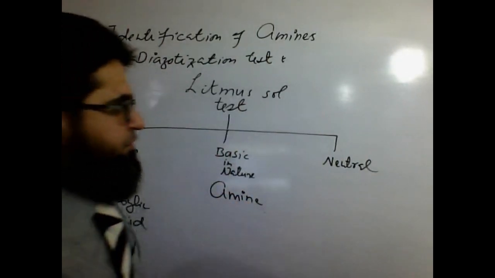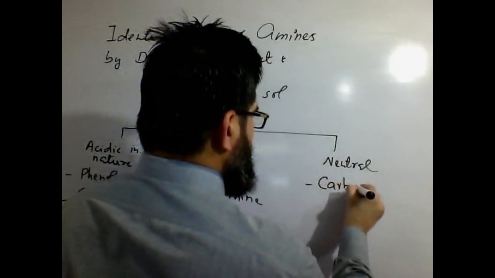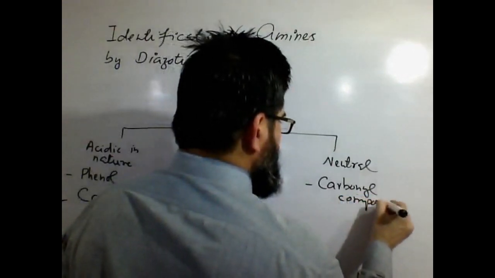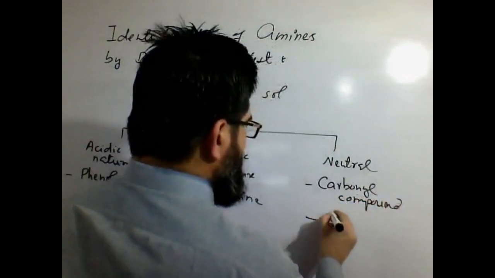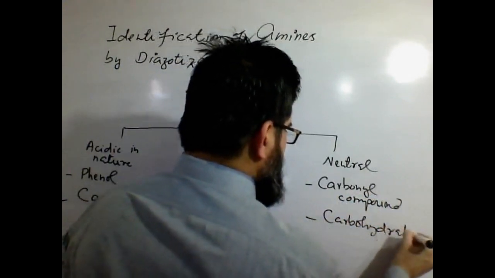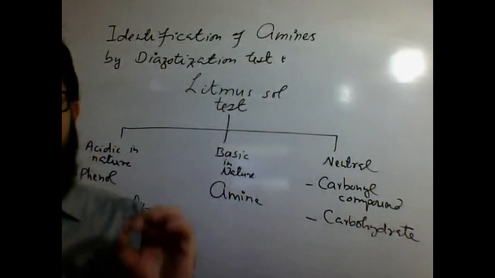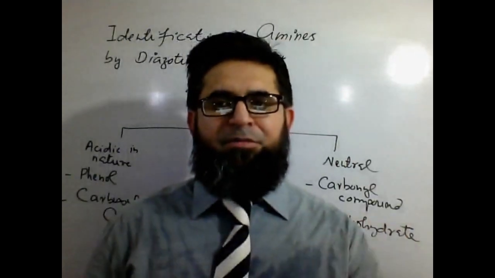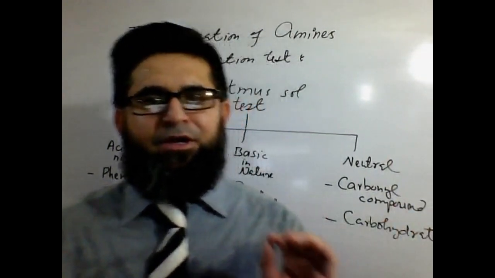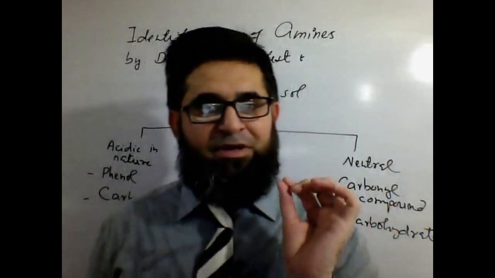In case of neutrals, the given compound could be a carbonyl compound, aldehyde, ketone, or it could be a carbohydrate. So this is how we proceeded in the introductory lecture about the identification of organic compounds in the lab using wet chemistry, wet lab analysis.